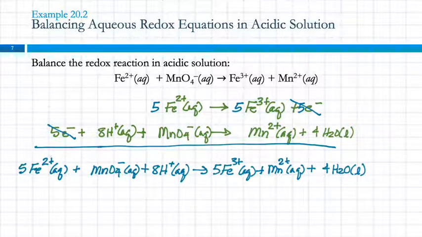And then you can go through that and verify you've got the same number of irons and manganeses and hydrogens and oxygens on each side. Add up the total charges on each side and they'll be equal. It's a balanced equation. That's going to be really tough to do by inspection up here. Even if you do know to add in waters and hydrogens where necessary, it's still going to be hard.